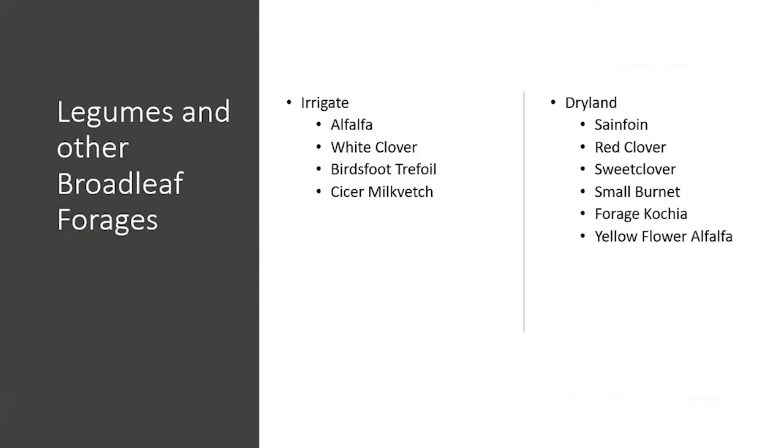The next one here are the legumes, so you've got an irrigated pasture, and this list here is certainly not all inclusive. There are a lot of legumes that you could use to plant in a pasture, and with some of them you have to be careful because they will cause your animals to bloat. For example, bird's foot trefoil is a non-bloating legume, so you could use it, but there are also some difficulties that come with bird's foot trefoil.